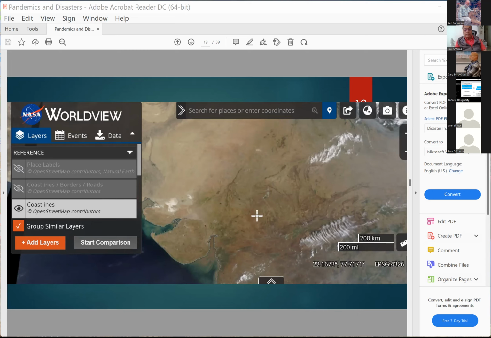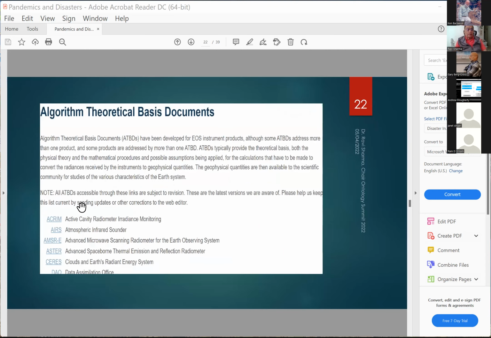MODIS, remember, its various avatars or versions have gone from originally 13, 14 spectral bands to about 30 now. Wears and MODIS are still keeping their name, and this is just a sample list. It goes down. I didn't go all the way.